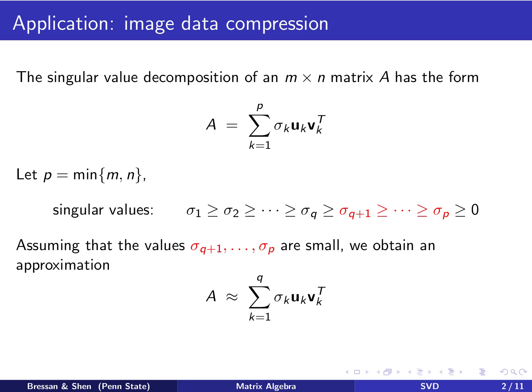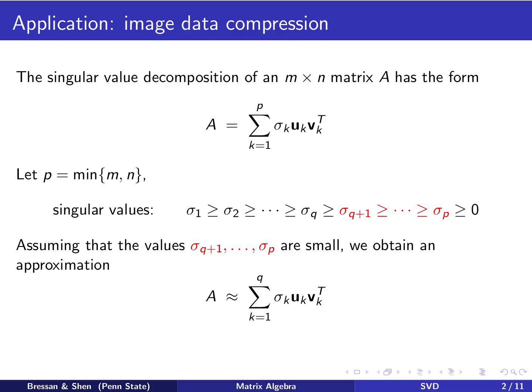So if the values sigma from q plus 1 and on to the last one are non-zero, but very small, then each term here with k from q plus 1 to p will be multiplied by a very small number.